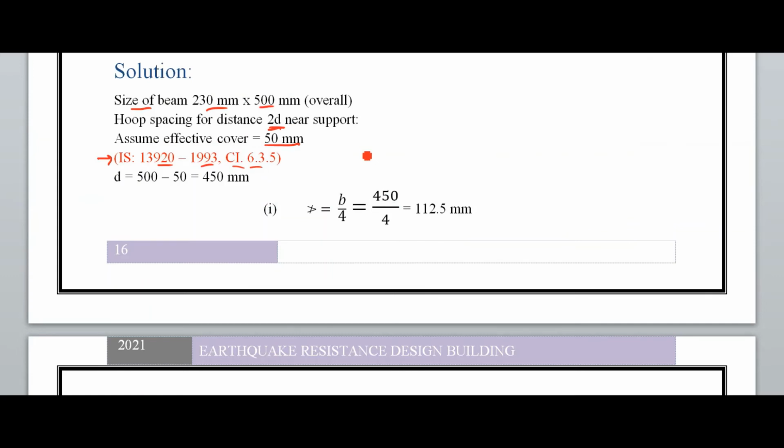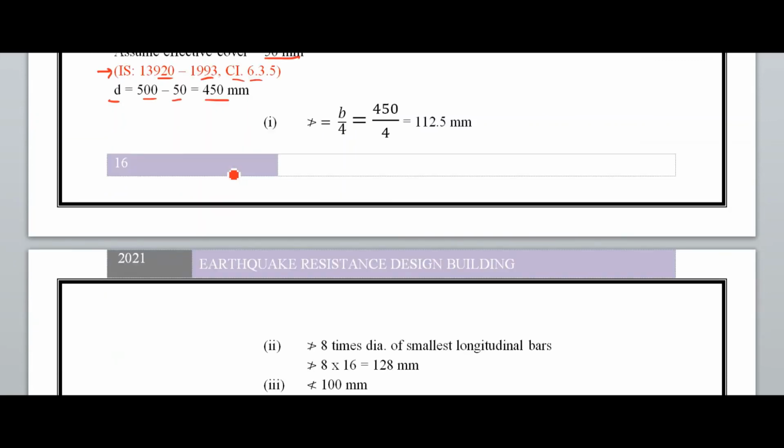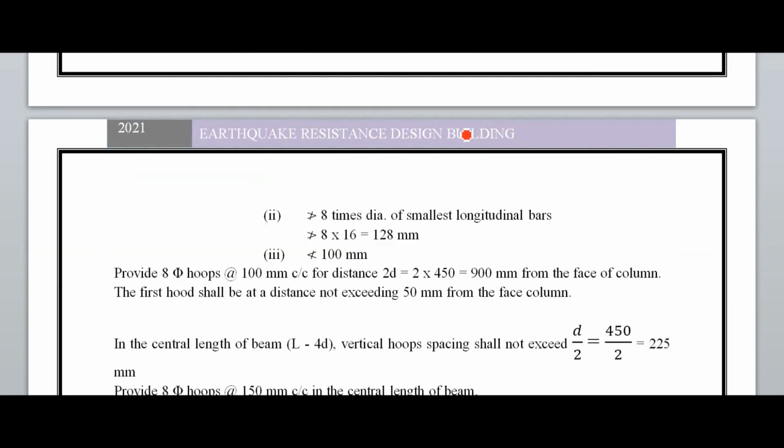Here d is 500 minus 50, 450 mm, the effective depth. As per the first clause, d by 4 is 450 by 4, so 112 mm. 8 times the diameter of the smallest longitudinal bar, so 8 by 16 is 128 mm, and not less than 100 mm.